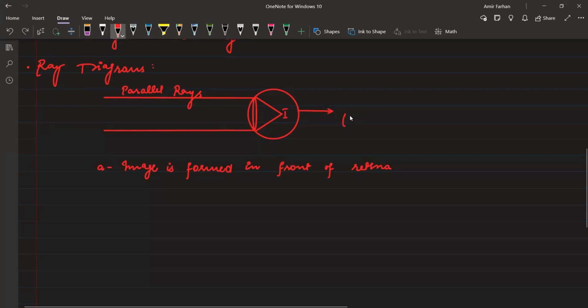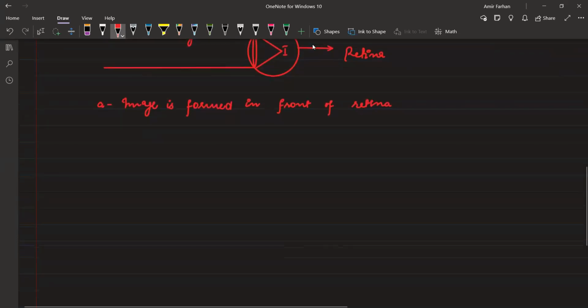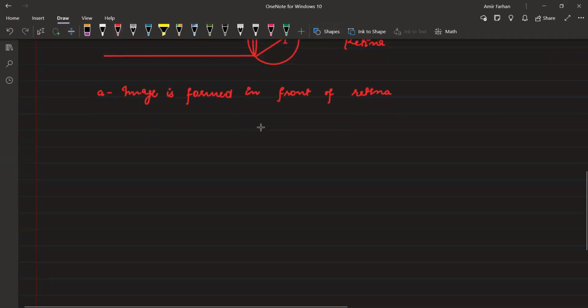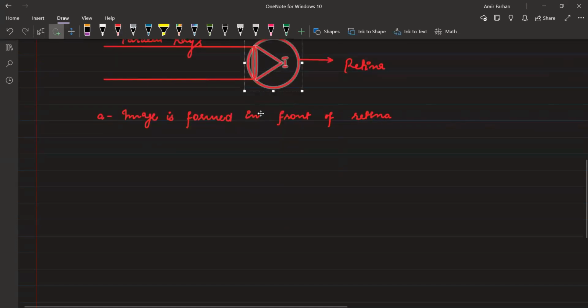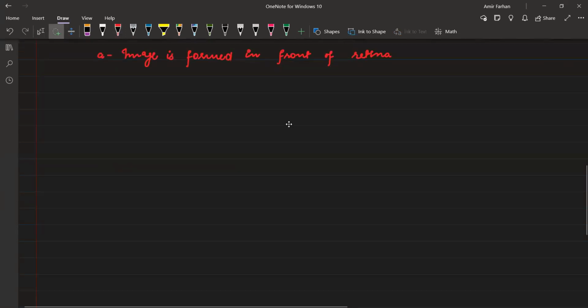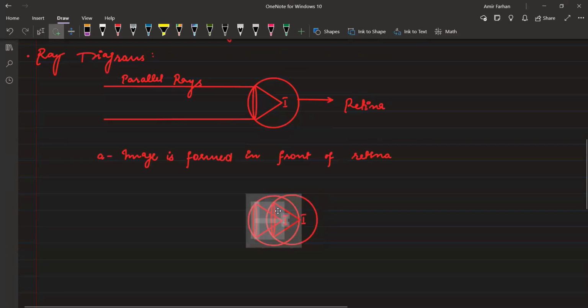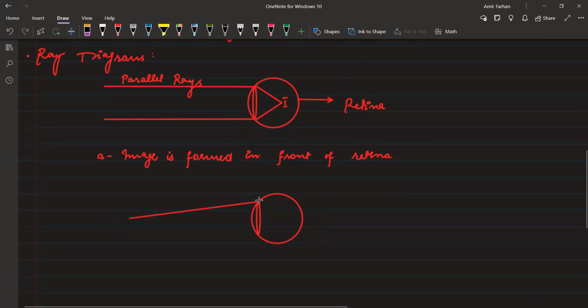Now let's draw the case of nearby objects. So what will happen? Suppose I copy this again. So this is the case: suppose your object is placed nearby to the human eye, like this.